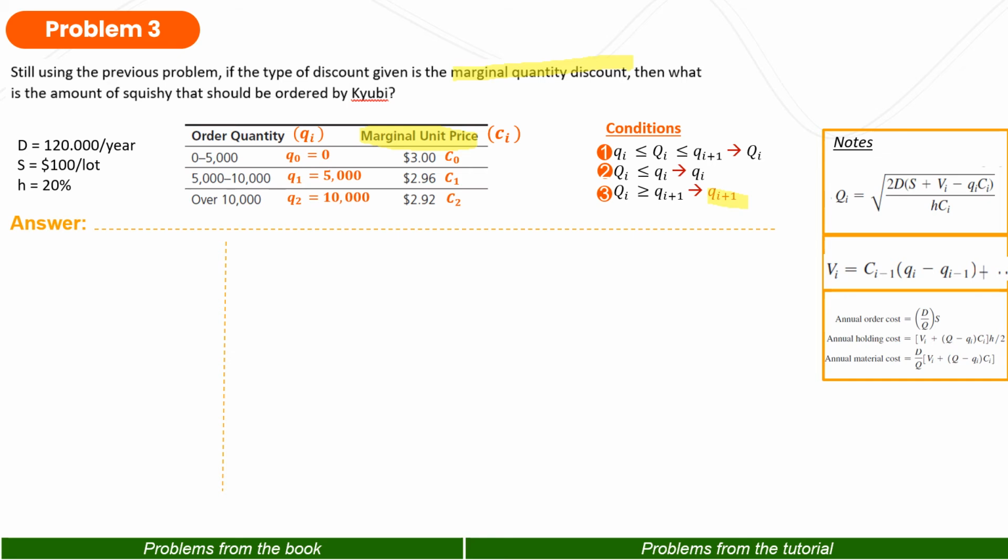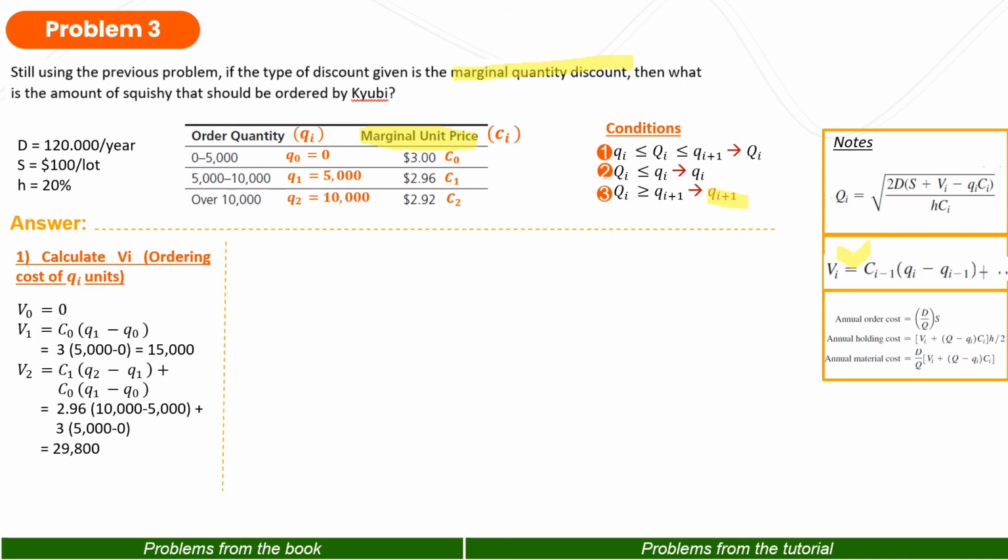Okay, just next. First in this condition we calculate the V, that is the ordering cost of little q units. Okay, the formula is here. So for the V0, the cost is 0 because the little q0 is 0.